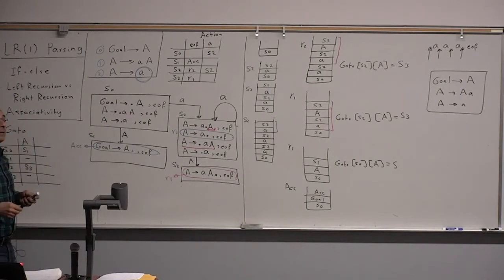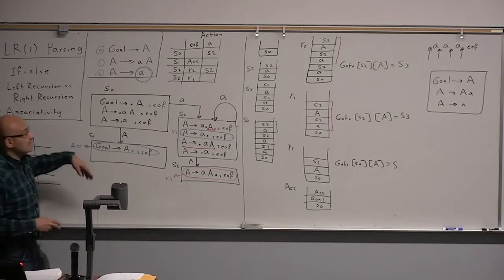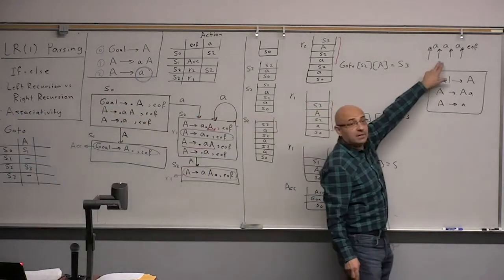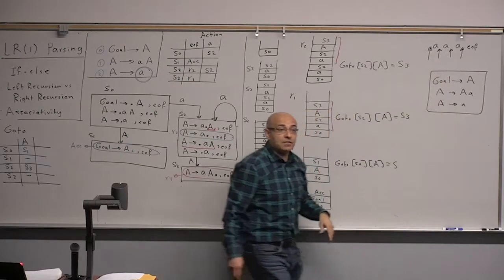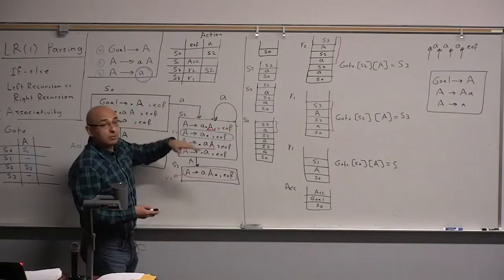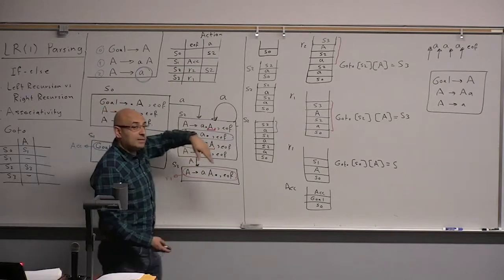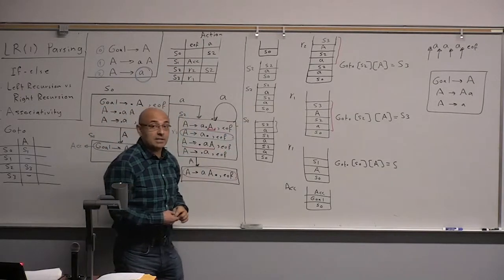Yeah, with the one we just did, it kept shifting all the way to the end, and then it did reductions. Yes, exactly. If instead of 3 A's we had 1,000,000 A's, then it would have shifted 1,000,000 times, and it would have put 2,000,000 symbols on the stack.